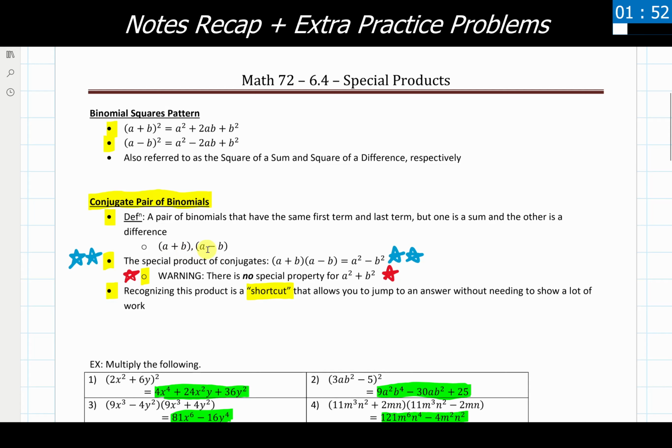One's a positive, one's a negative. And then we have the final answer form that shows up with this. I think it's the most beneficial of these three to know because it saves us the most time getting to our final answer. But with all of this, again, recognize these are shortcuts and they are optional.